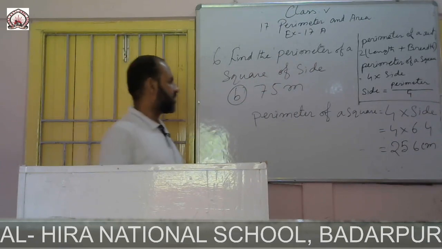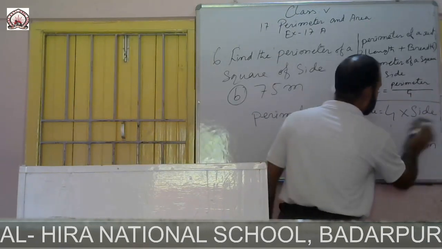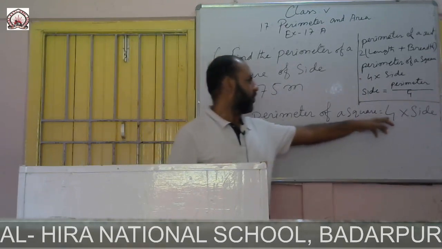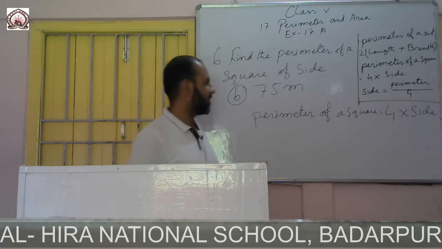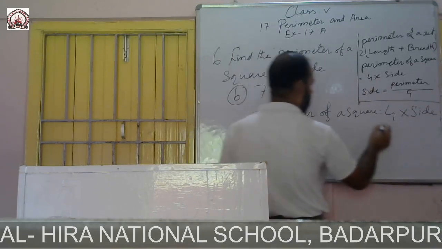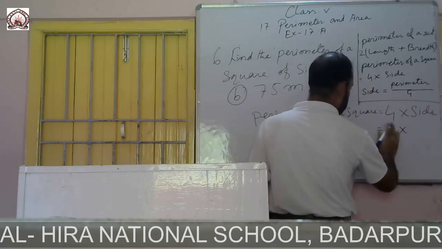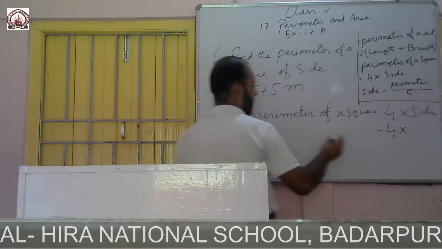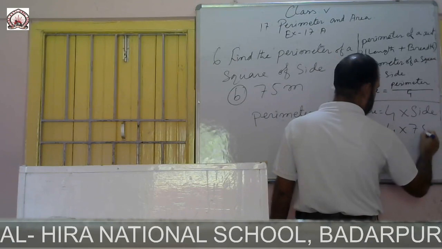The formula is written already: the perimeter of a square equals 4 into side. So 4 into 75.